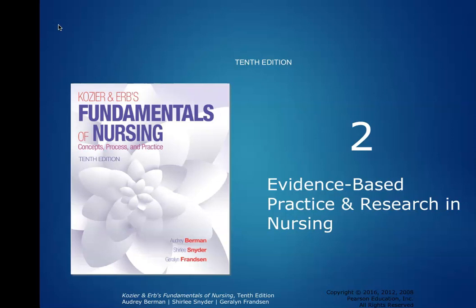There's the clinical expertise, which could be what's happening in the healthcare units, in the clinical setting. Best evidence, for example, scientific research that's promoting a better way of doing something. And then the patient values and their preferences. So there are 3 components that make up evidence-based practice, also in your book on page 27.